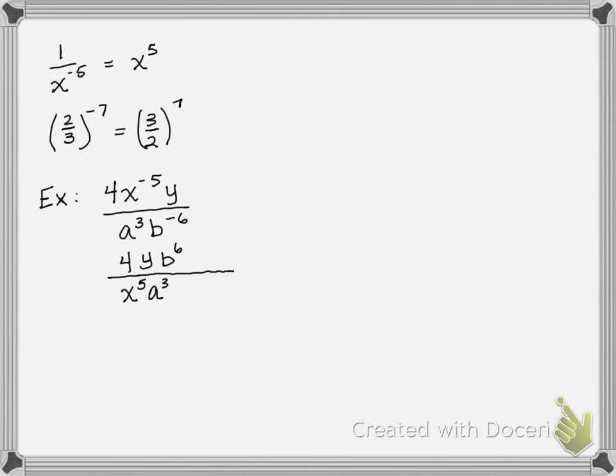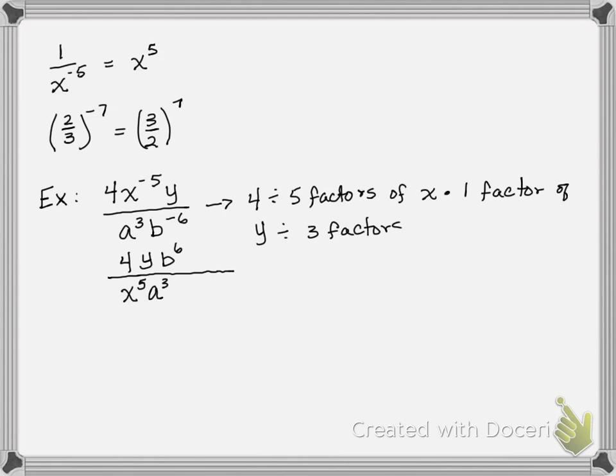Because really, if we were to write this out in words, this is like 4 divided by 5 factors of x, times 1 factor of y, divided by 3 factors of a, divided by 6 factors of 1 over b.